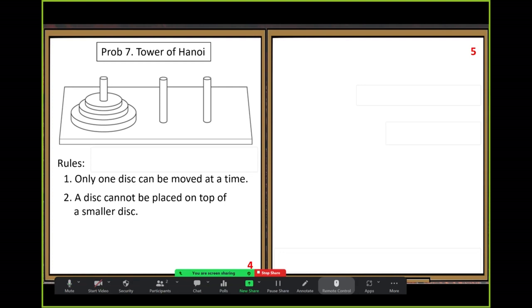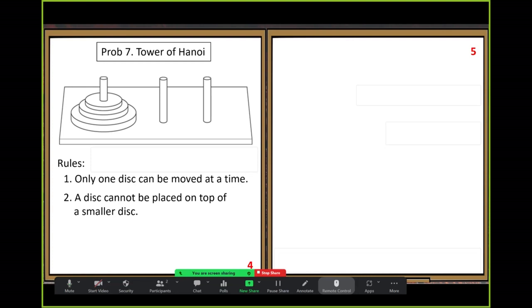Every time you put one disk on top of another one, you need to make sure the lower disk is greater than the higher disk. You need to make sure the order is right for your move, a legal move.